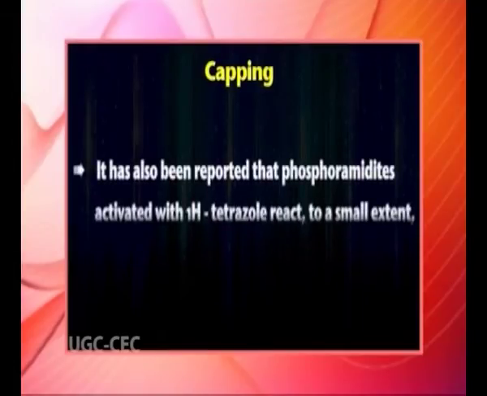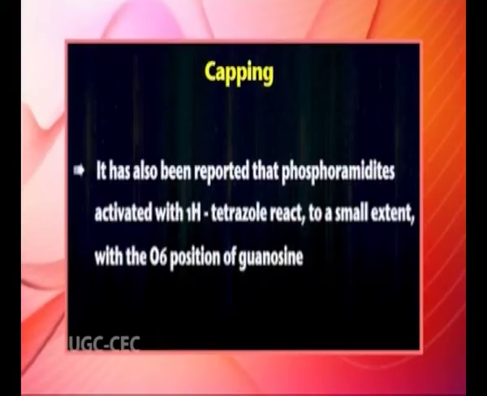The unreacted 5'-hydroxy groups are to a large extent acetylated by the capping mixture. It also has been reported that phosphoramidites activated with 1H-tetrazole react to a small extent with the O6 position of guanosine. Upon the oxidation with iodine water, this side product, possibly via O6-N7 migration, undergoes depurination.